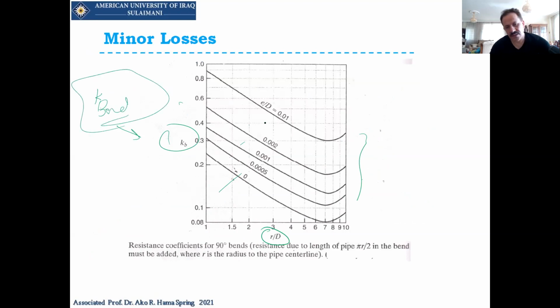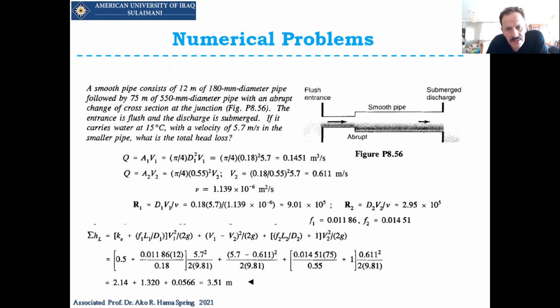Okay, now look at this example. In this example, we want to find the head loss from this point to that point.